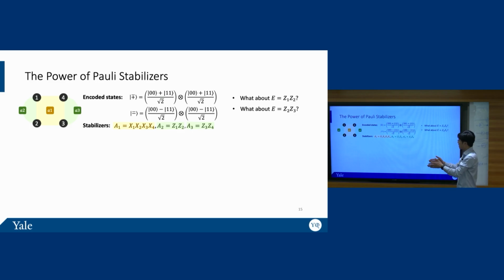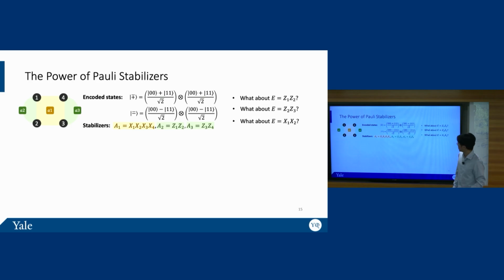So if you want to change from a logical 0 to a logical 1, that's your logical X gate. So you can also use these Pauli operators to define how you would like to do computation on it by mapping between the basis states. That's an example of a logical Z operation.